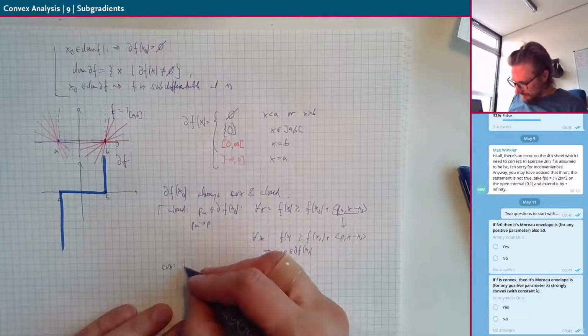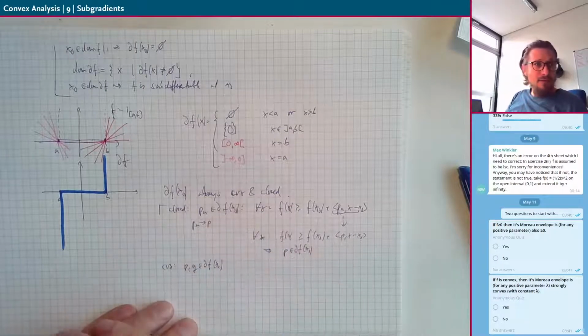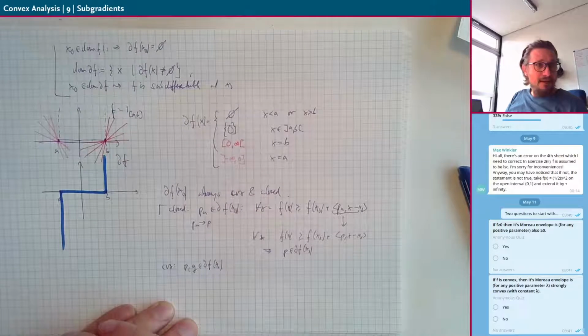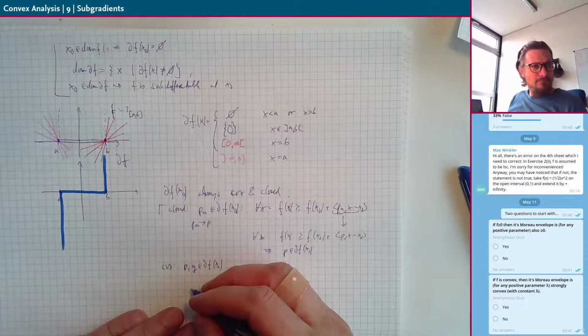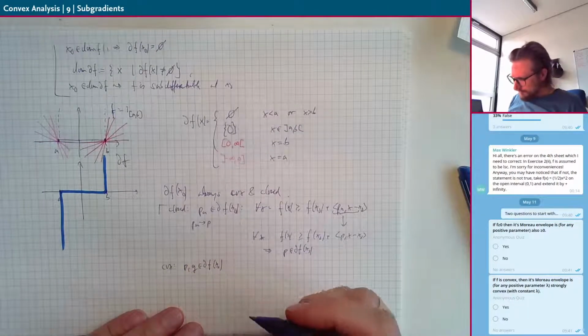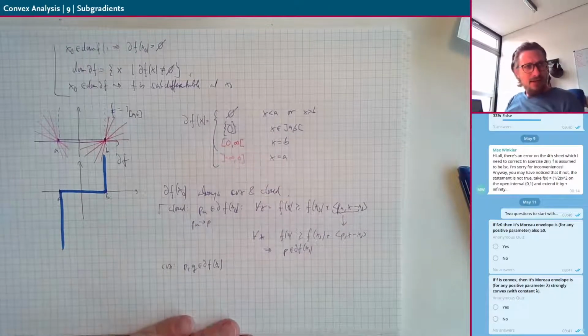Yeah, this is basically the same. If you have P and Q in the subgradient, you write down the subgradient inequalities. I use x and y, but anyways, let's write it as in the definition.